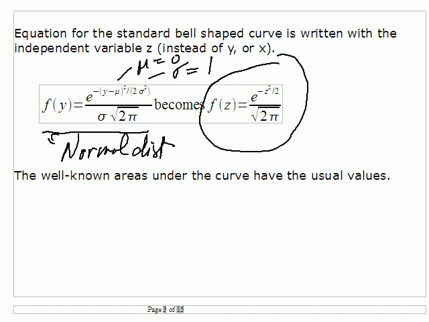It's much simpler. Notice it's written with a z, and the reason for that is that the values of the standard normal distribution are often referred to as the z values or the z-scores. That's to keep them straight from all the other different distributions you might have. It sort of sets them apart, so the variable name is changed to z.